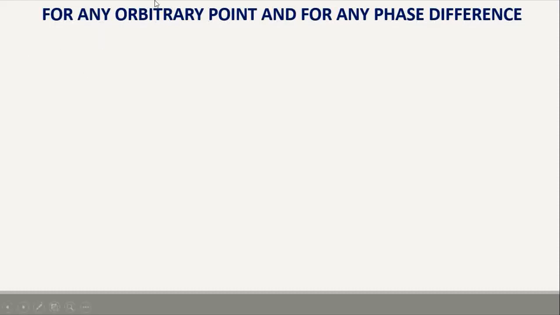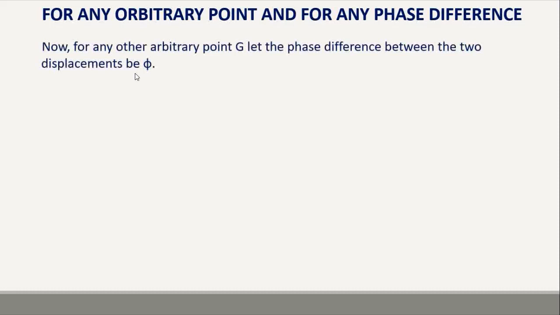So in those cases, we studied whether we get maximum or minimum intensity. In this case, we take any value of phase difference or path difference. So let G be an arbitrary point or random point at which waves are intersecting and producing interference.